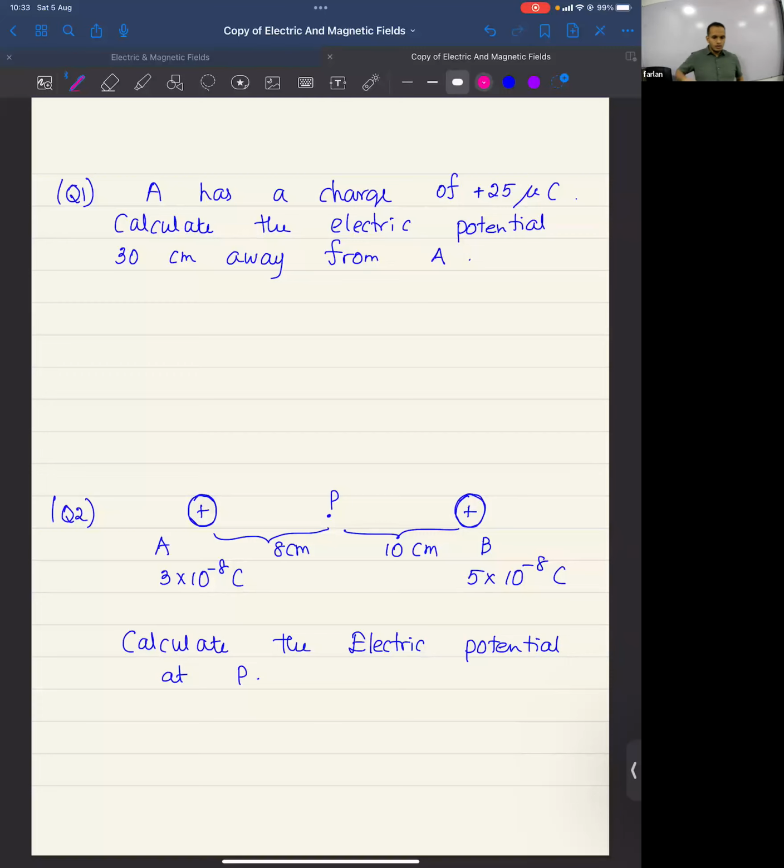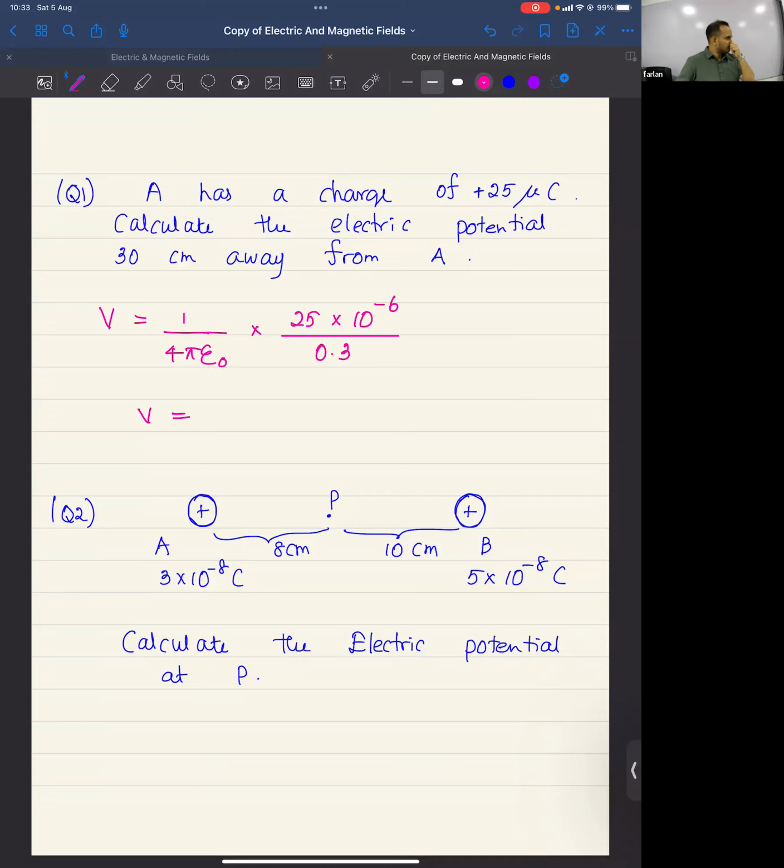Okay. So guys, the electric potential will be V equals 1/(4 pi epsilon naught) Q over R. Q is 25 into 10 to the power minus 6, over R, which is 0.3 meters.